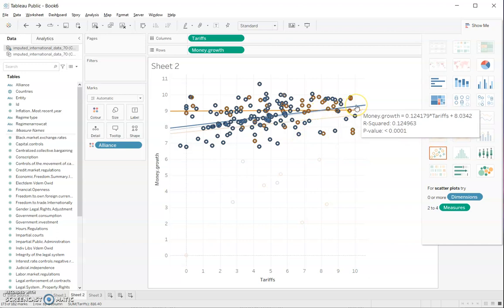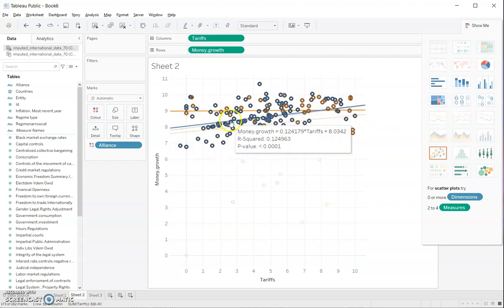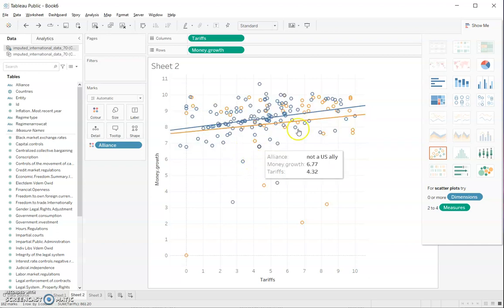See, we have another line here. Look at this. This is 0.12, and the p-value is really low. But for r squared to be just 0.12 means that the correlation is kind of weak. It's not so much of a curve, right?